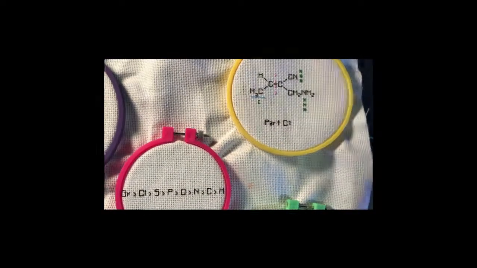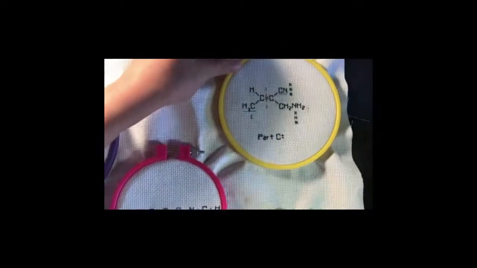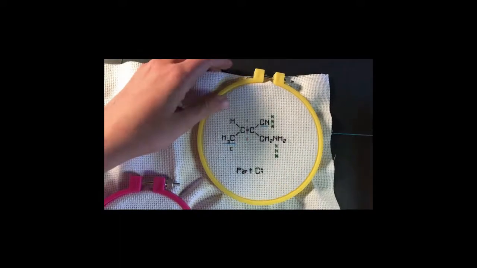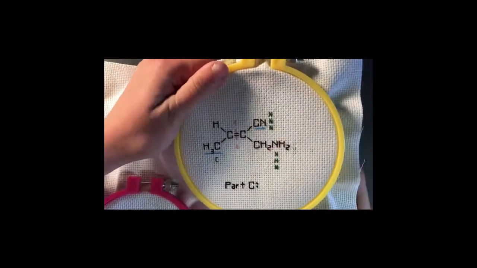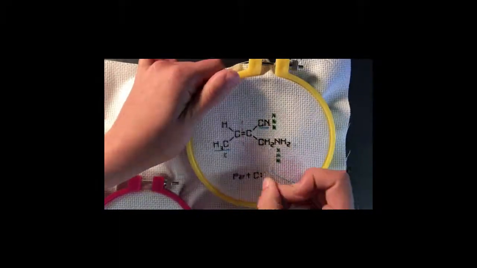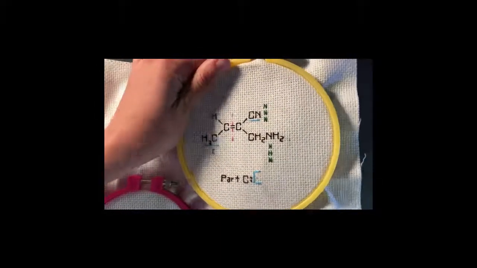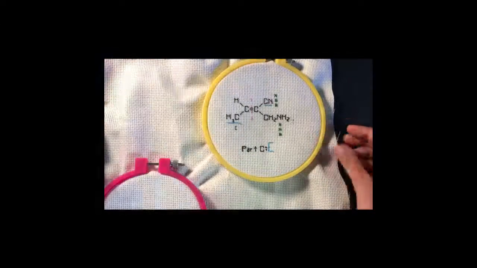So we can put a line under that one. And there we can see that it is on opposite sides again, so that means it's going to be E stereochemistry. Alright, there we go.